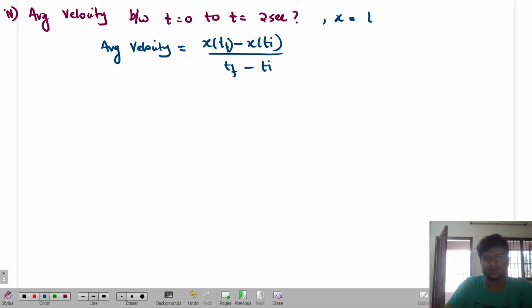And the x equation is given, t square minus 2t plus 3. Just replace it. I have to calculate x at t is equal to 2, t final is 2, minus x at t is equal to 0, divided by 2 minus 0.